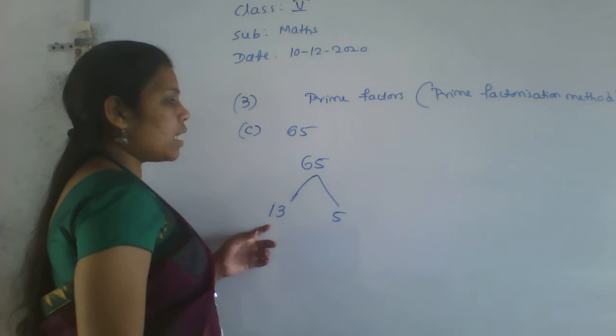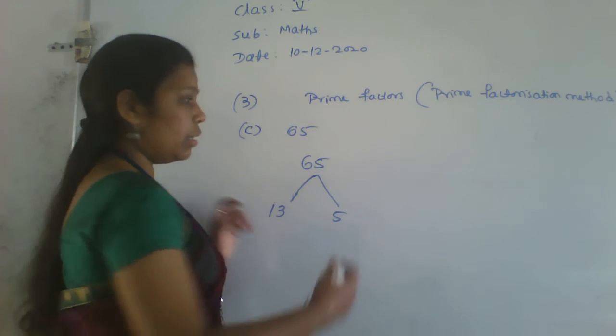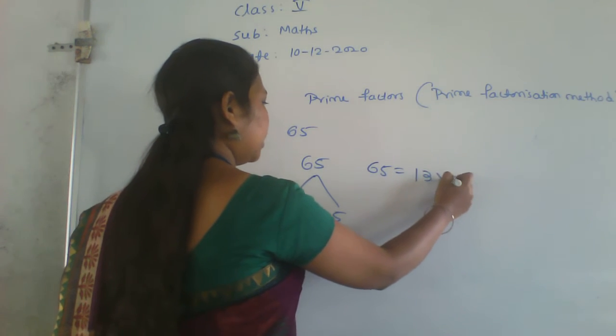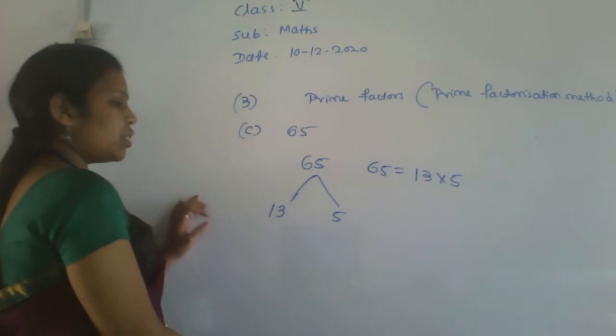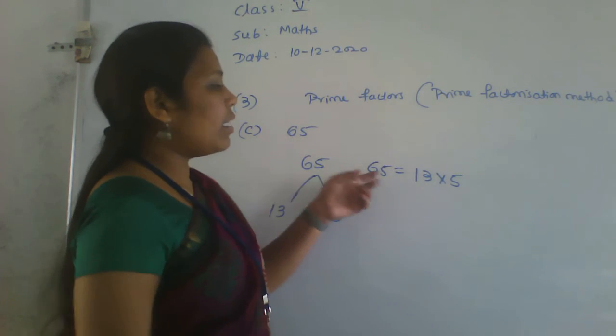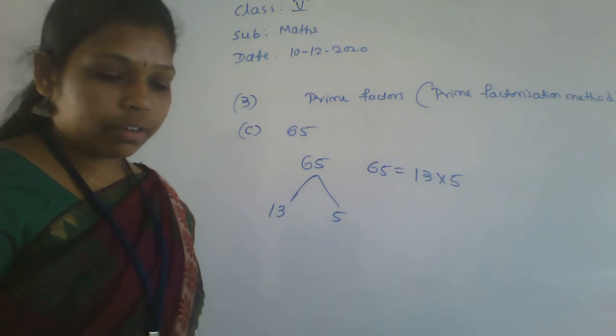Right? 13 is also a prime number. 5 is also a prime number. So the answer is what? 65 is equal to 13 into 5. This is the prime factorization method. We got prime numbers at the end. Right? So prime factors are 13 into 5. These are the prime factors of 65.